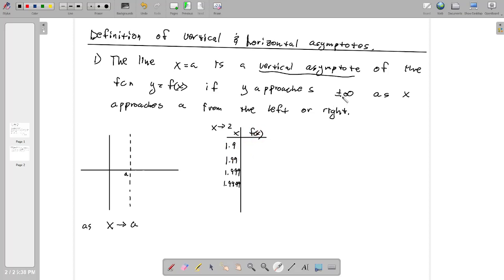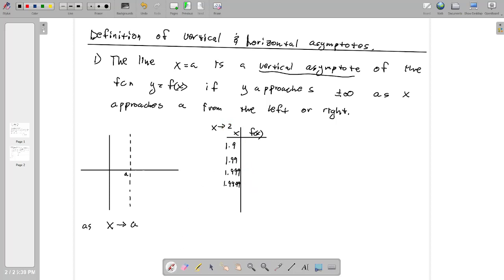If the y values are increasing to infinity, as x is getting closer and closer to 2, then we would say that x equals 2 is a vertical asymptote. Similarly, if the y values approach negative infinity, so they decrease without bound instead, then we would also have a vertical asymptote at x equals 2.